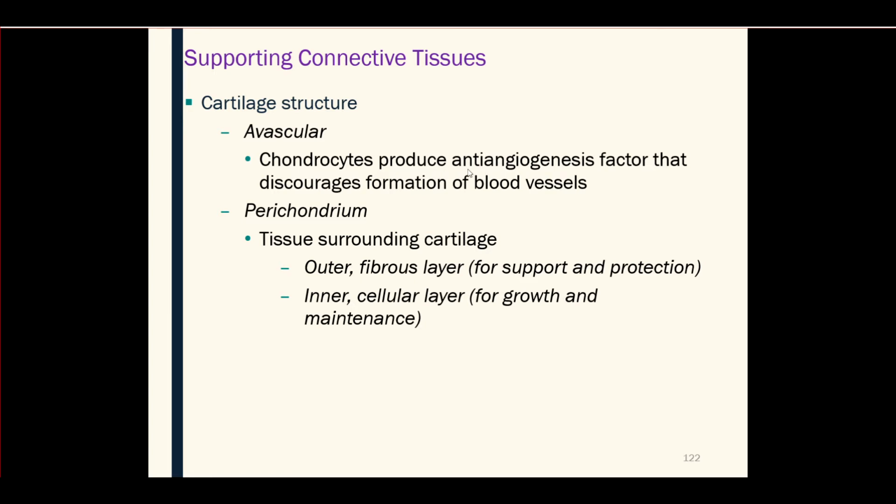Anti means against, angio means blood vessel, and genesis means formation. And that actually discourages formation of blood vessels. All right, so that's the reason. But the cartilage does survive by again diffusing the nutrients and waste products through the matrix.